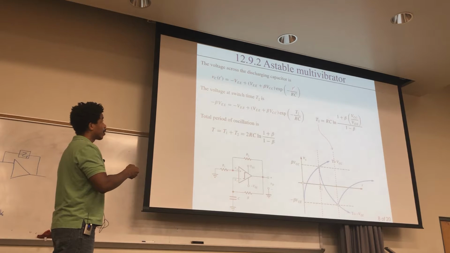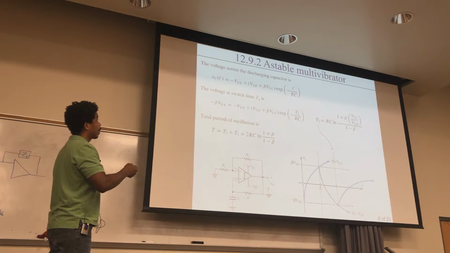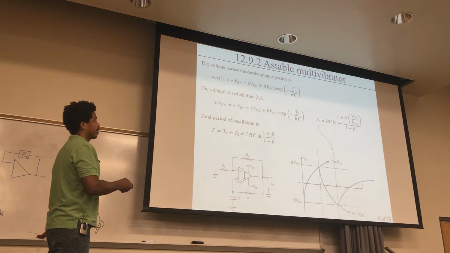So when that's 0, this becomes 1. So that minus VEE plus that goes away, and your initial value is just beta VCC. And that's right. You're starting from that right here. When T prime is 0, you're at beta VCC.